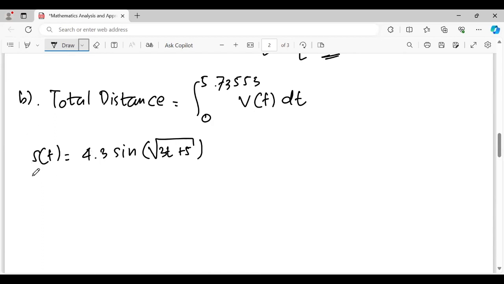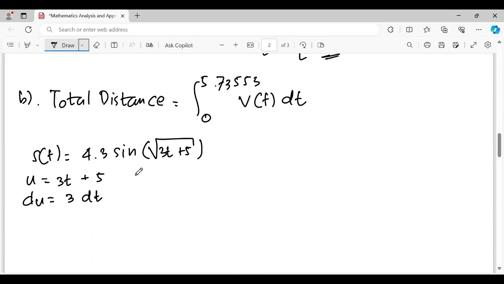The chain rule is the substitution u equals 3t plus 5. So du equals 3 dt.